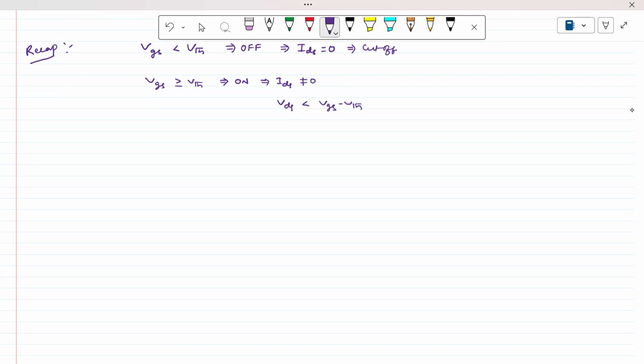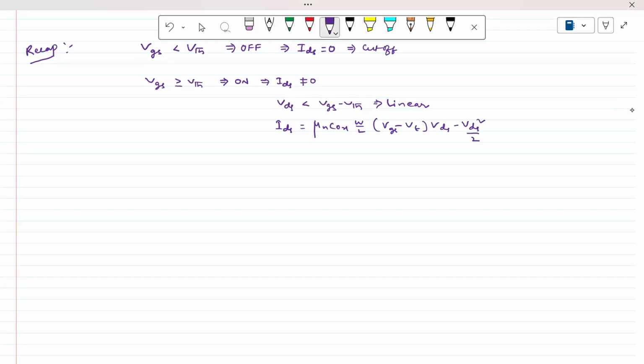How much VDS you apply, the IDS also increases linearly. Then in this condition, the MOSFET is said to be in linear. What does this IDS become? IDS is equal to mu n Cox W by L into (VGS minus VT) into VDS minus VDS squared divided by 2.